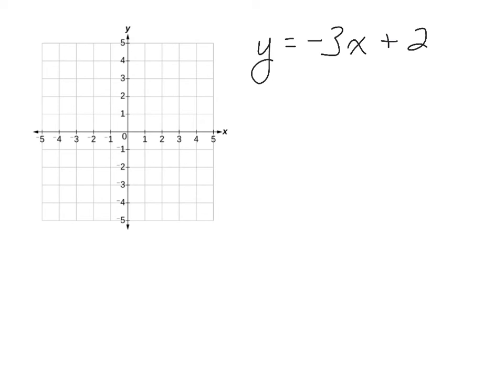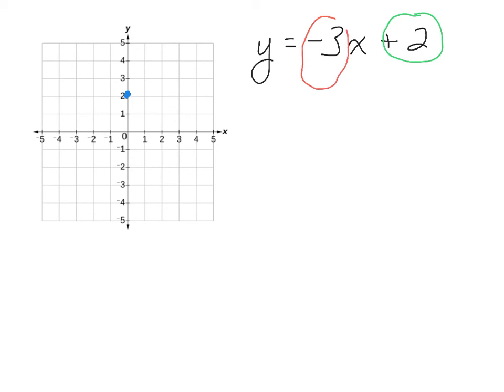All right. So the first portion remains the same. There is b. That is my y-intercept. I'm going to plot that point first. So b, or positive 2. There is my positive 2. Now I need to use my slope.